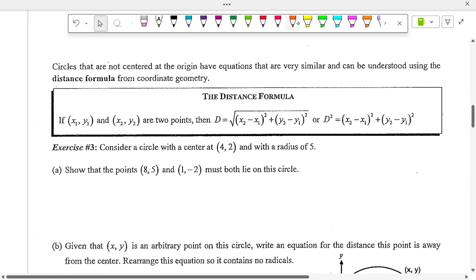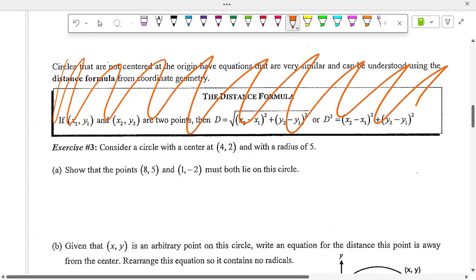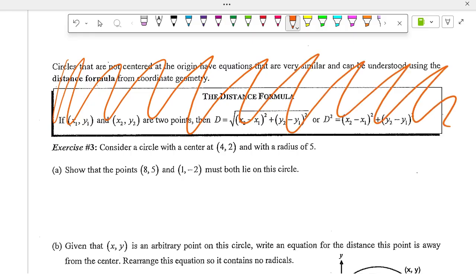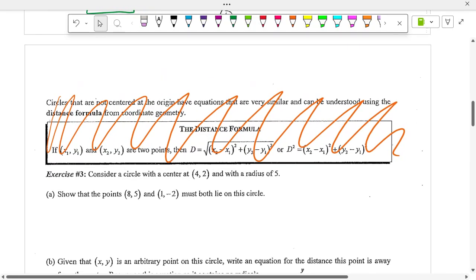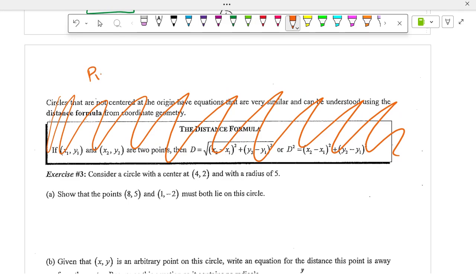Now, they're talking about distance formula. Screw the distance formula, all right? Distance formula is a pain in the butt. Unless you're going to be doing a lot of upper level math in your life, you don't really need it. If they're asking you for the distance, my go-to is Pythagorean theorem.